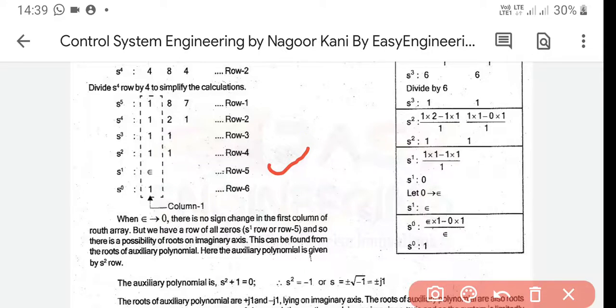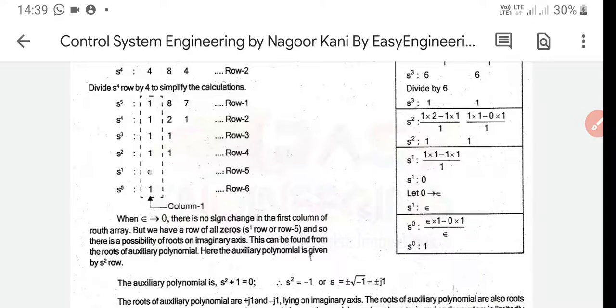Because s power 1 is having only one element, right? If you are replacing it with 0, you are getting once again the row of all zeros case. If you have the row of all zeros case, then what is the condition? There is a possibility of roots on the imaginary axis.